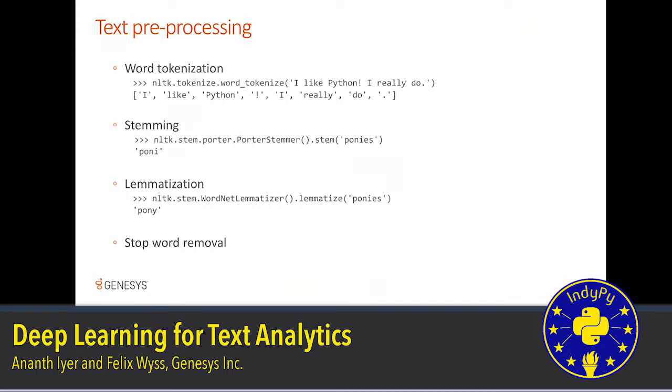Stemming is one way to do it, but it does not do the best job all the time. But lemmatization actually goes and finds the singular form of it. And then finally, there's stop word removal, and stop words are basically words which don't contain information, things like the, is, I, and stuff like that. We just remove them.